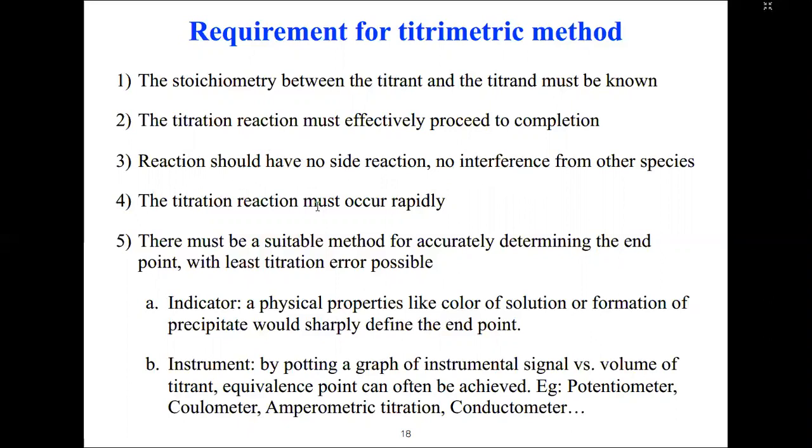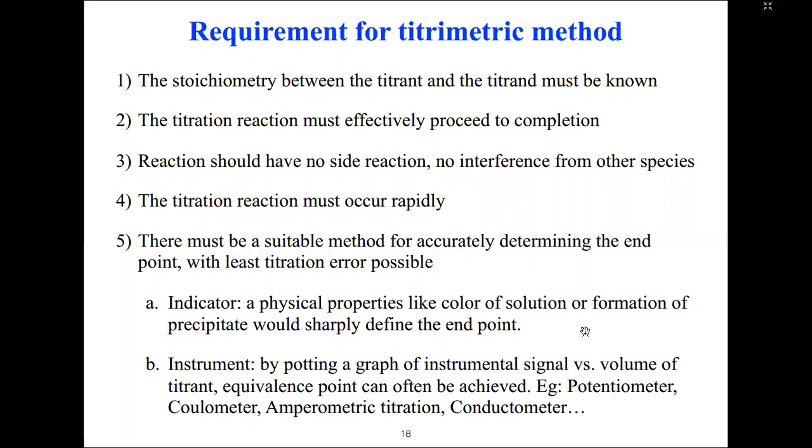The titration must occur rapidly. So as you will be adding the reagent from the burette, as soon as the reagent from the burette goes into the conical flask, the reaction must be rapid. It should occur rapidly. So that's why you need to add dropwise. Whenever you add the reagent, you have to add dropwise.